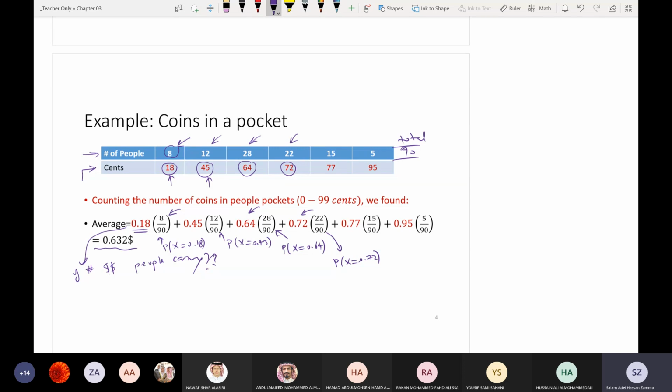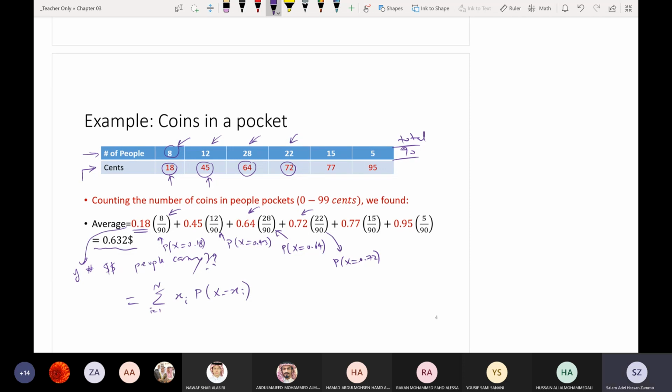So the average gives me 0.632. So what did I do in general? In order to calculate the average, I summed over all the values of x, i equal 1 to n. I multiplied every value of x by the probability that x equals x_i. Eventually, this is what I did in order to calculate the average.